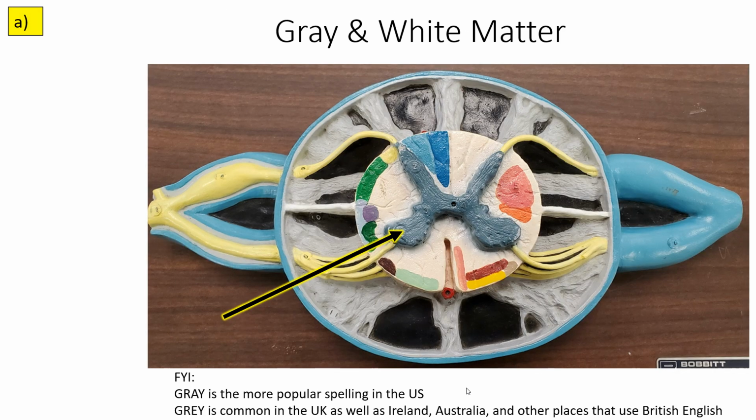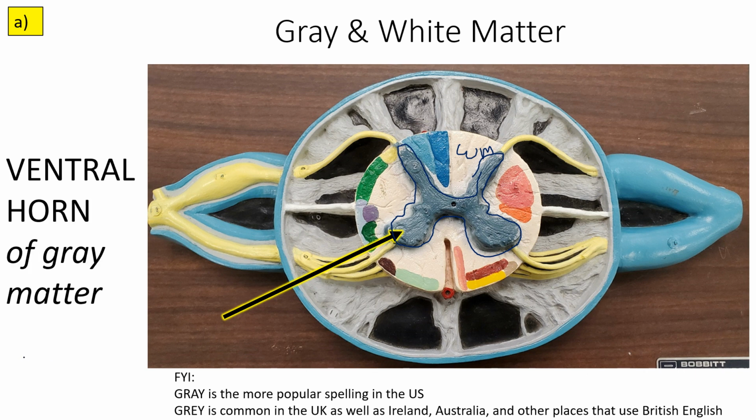So remember our spinal cord, which is made up of white matter on the outside, gray matter on the inside. So this is all white matter here. And then that gray matter kind of looks like it's in the shape of a butterfly or something like that. So this is all gray matter. Gray matter is divided into what's called horns.